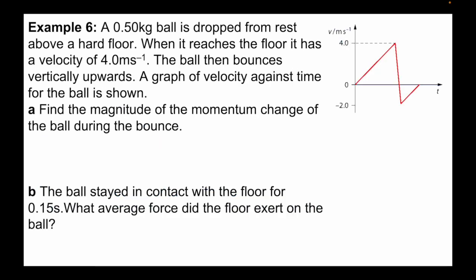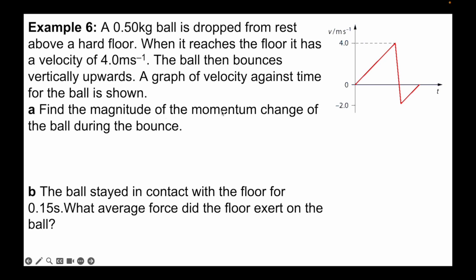Let's look at another example. Example 6 says a 0.5 kilogram ball is dropped from rest above a hard floor. When it reaches the floor, it has a velocity of 4.0 meters per second. The ball then bounces vertically upwards. A graph of the velocity against time for the ball is shown. So here we have the bounce.